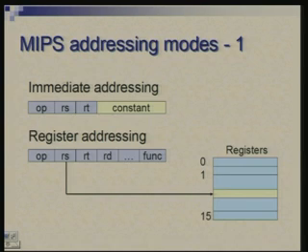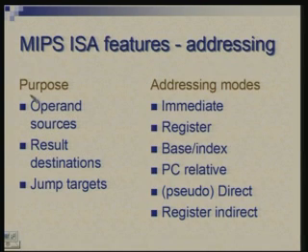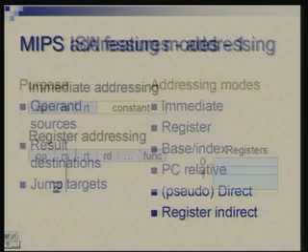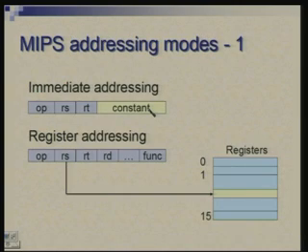So, going back to the previous one, there are 3 different situations where we are specifying an address, okay? Either a source of an operand or destination result or a jump target. The first one is applicable only for source of operand. This is applicable for source as well as destination. Okay.